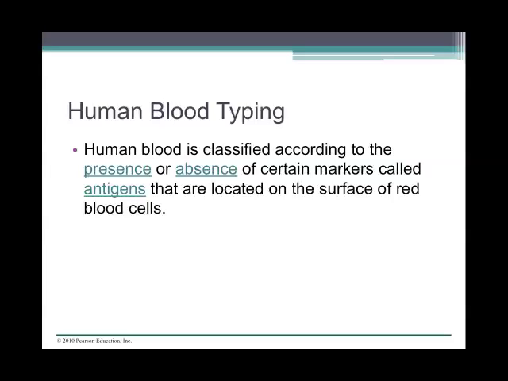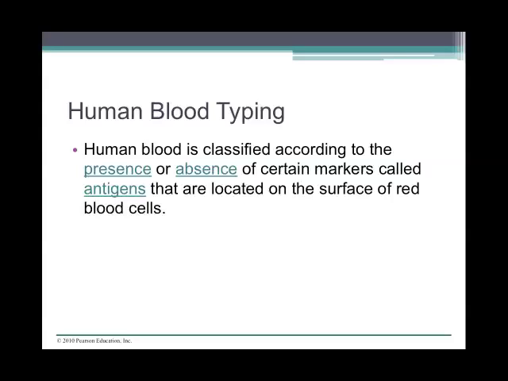So human blood, those blood types that I mentioned, are classified according to markers that are called antigens on the surface of the red blood cells. We've discussed before that there are markers on every cell that identify it as your cell, what it is. Communication is done by these markers.